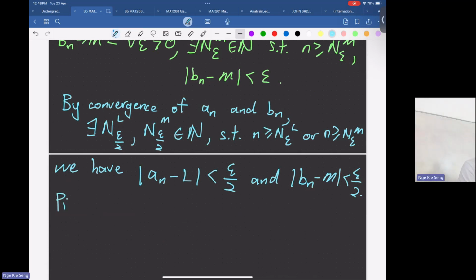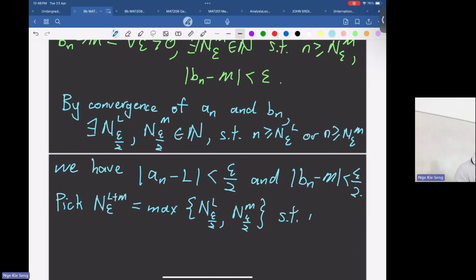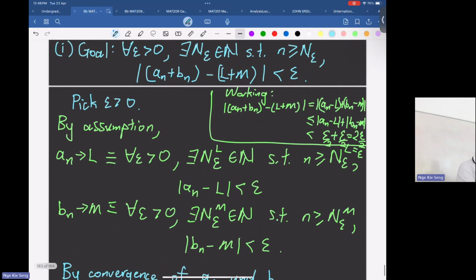So we can pick n epsilon for L plus M to be the maximum of NL epsilon over 2 and NM epsilon over 2, such that for n greater than or equal to n epsilon for L plus M, what do we get? We get the calculation here.